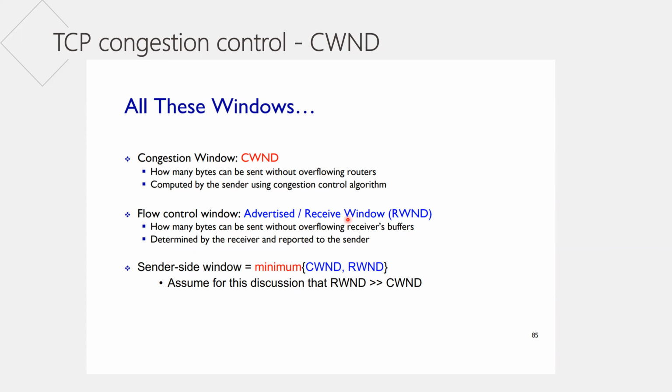The sender side basically depends on CWND, and sometimes will depend on the RWND, but the receive window will normally be greater than the CWND.